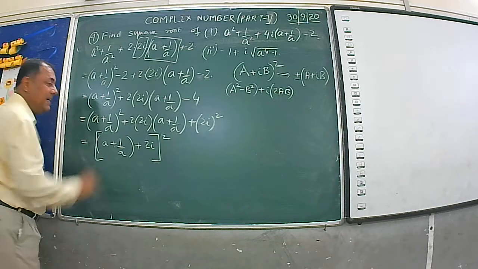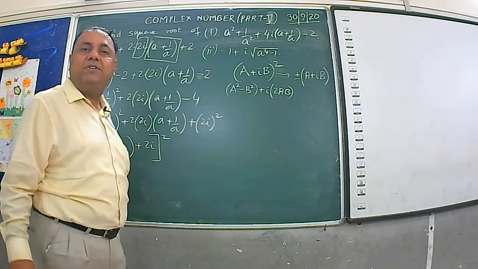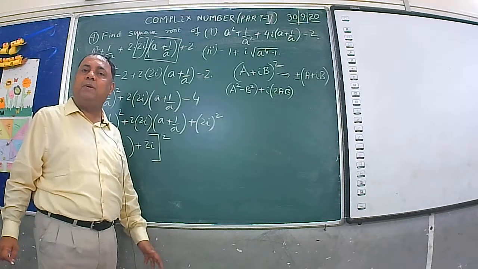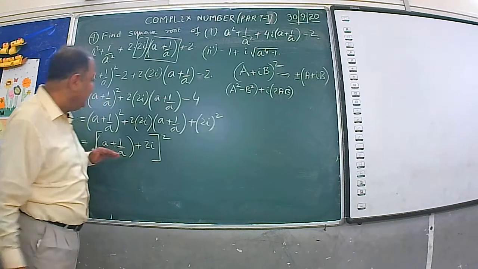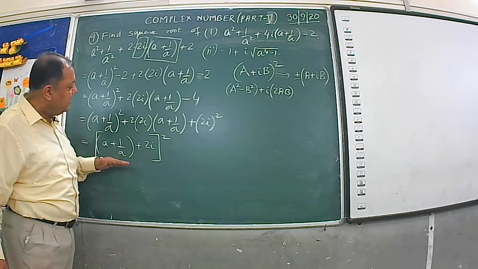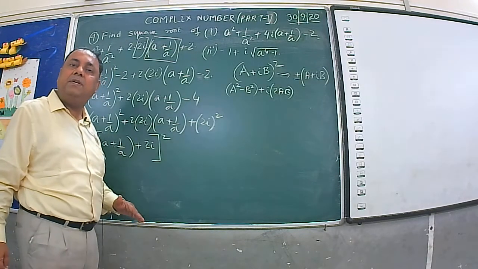Use your brackets. We generally work with the first and the third bracket. You may even use the second bracket. No problem with that. So just see, the given expression has now been expressed as A plus iB.